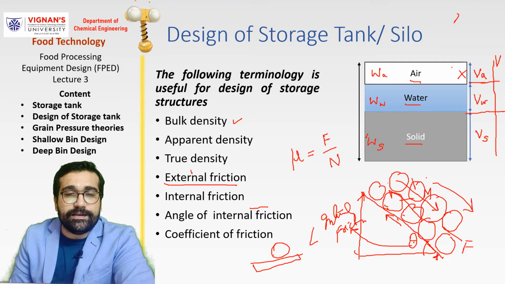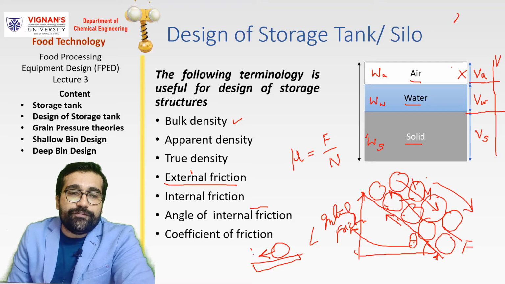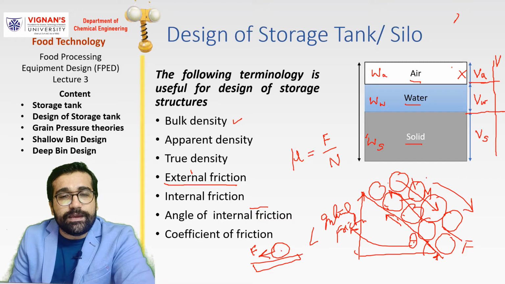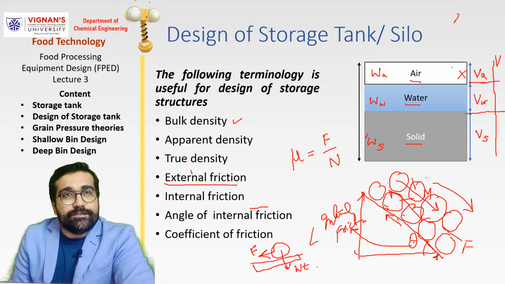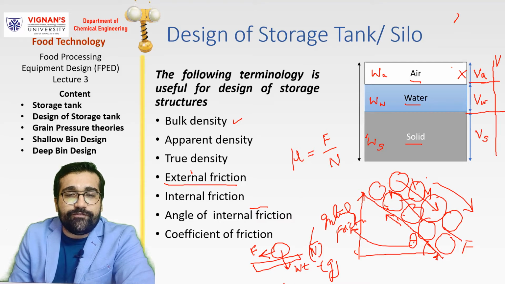This particle will feel some force F so that it will slide, and there will be another force due to its weight, which is due to gravity, in newtons. So this F by N will give you the coefficient of friction.